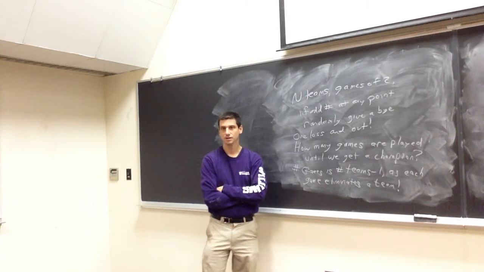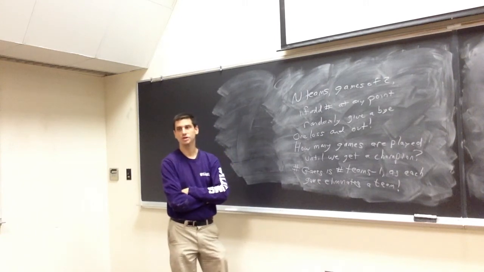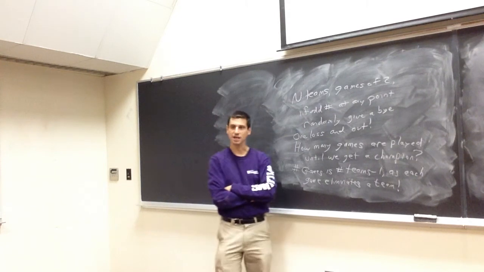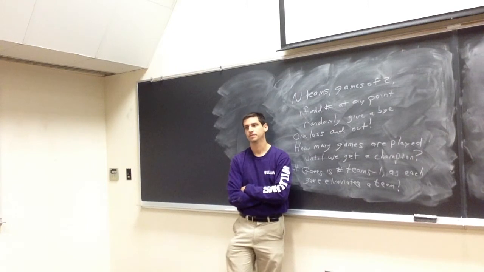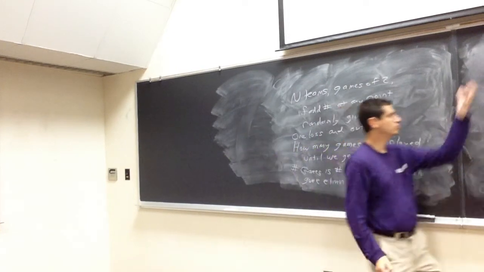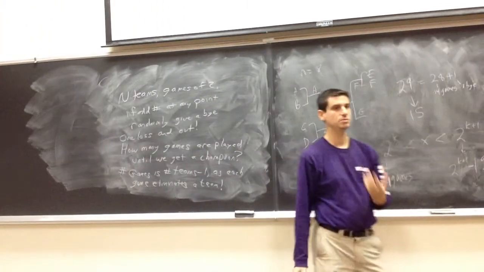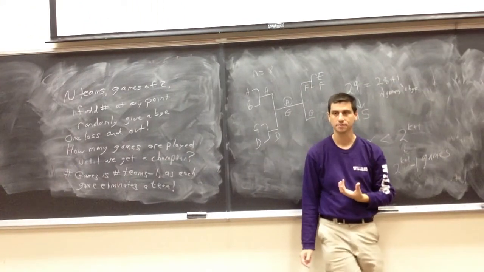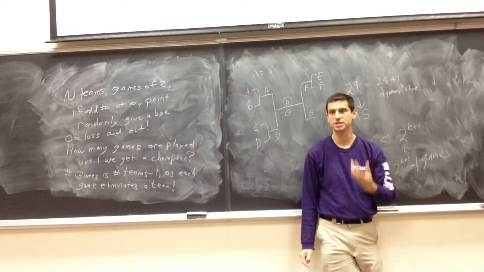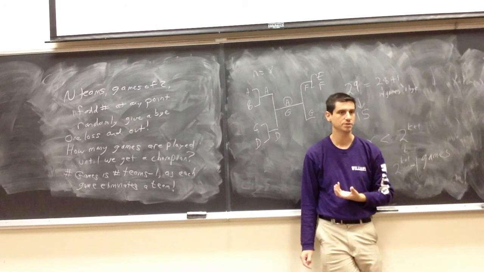Every time you play a game, you lose one team, and the number of teams left has to go all the way down to 1. You don't want to keep track of the number of games in some format like this. You want to say every time 2 teams play, 1 team is killed. And so it adds up eventually to n-1 games.